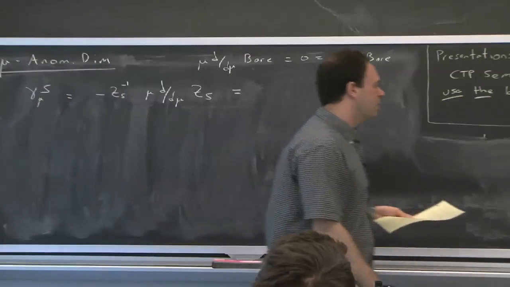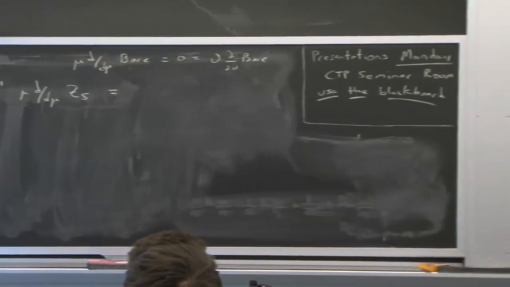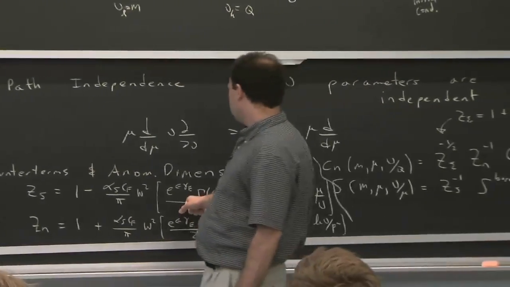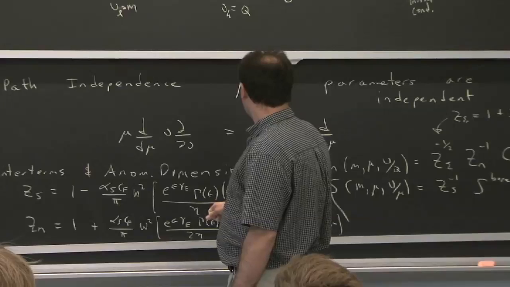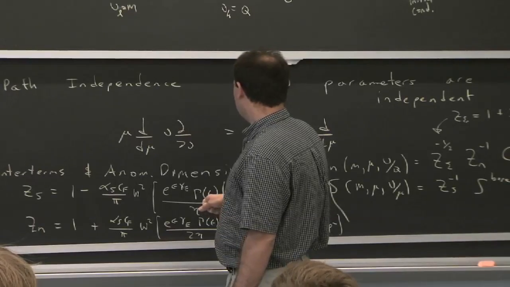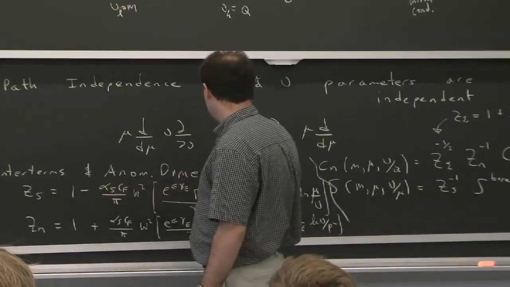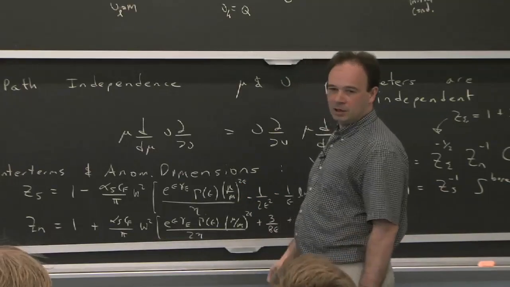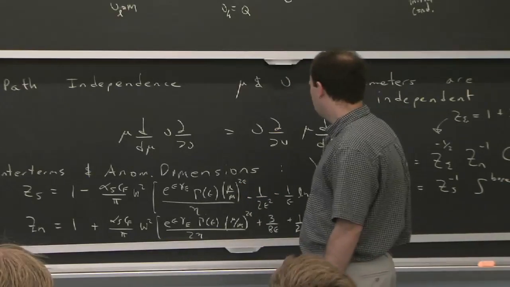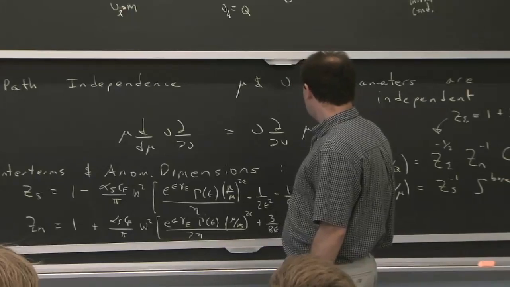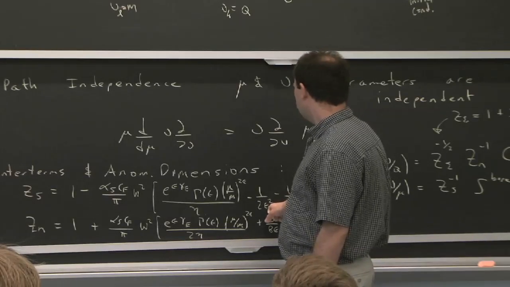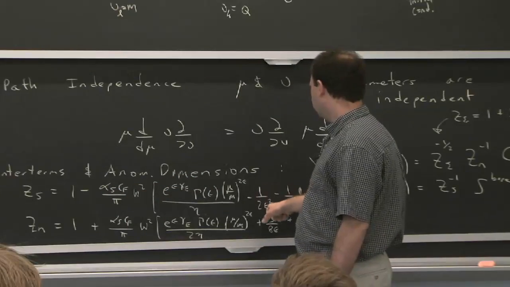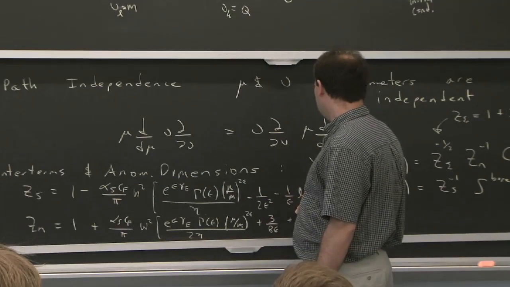So if we look at that and work it out, this term actually doesn't contribute, because in this term, alpha s of mu times mu to the 2 epsilon is mu independent. So that term has no contribution to the mu anomalous dimension. Then this term does contribute. If you differentiate the alpha, you get a 1 over 2 epsilon.